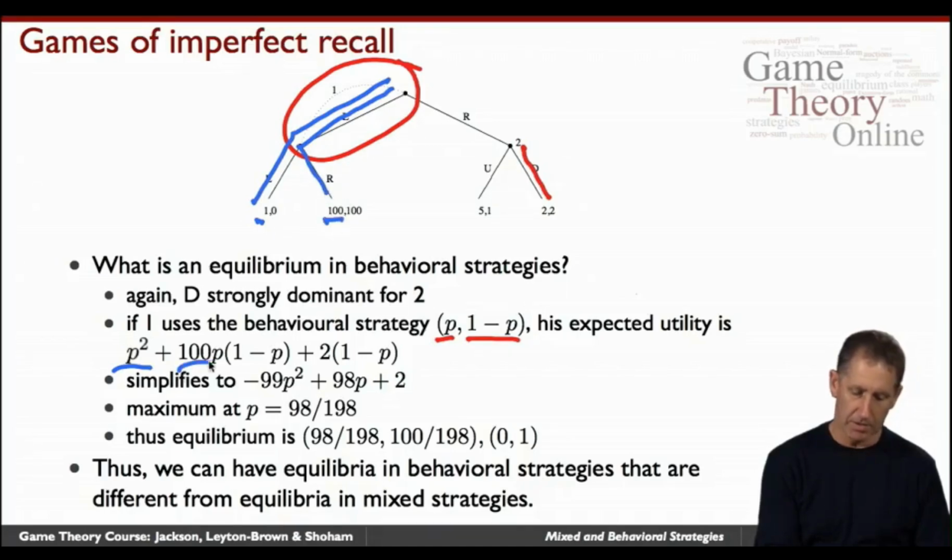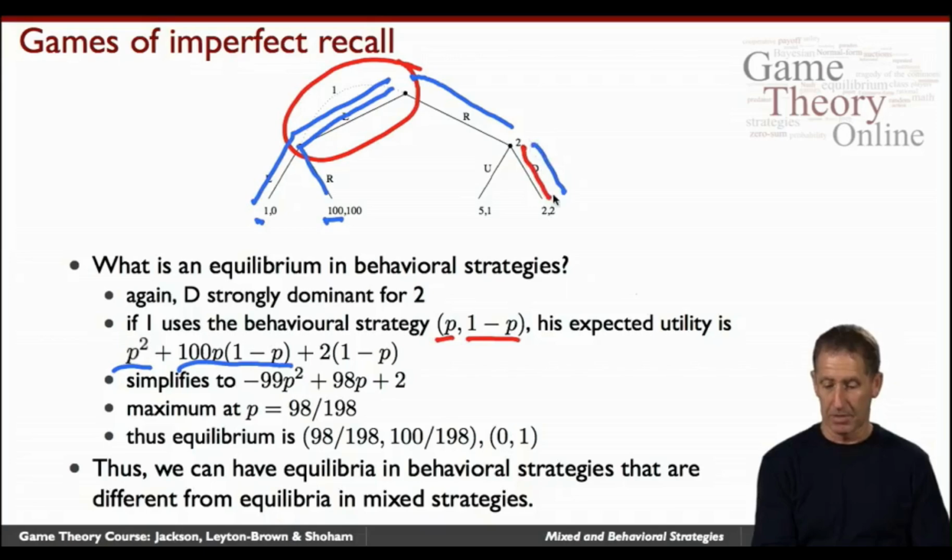So that's 100 times P times 1 minus P. With probability 1 minus P, because player 2 is not randomizing here, they will end up here and get a payoff of 2. That's 2 times 1 minus P. So this is their overall payoff, assuming they randomize with P, and we simplify it to this expression.